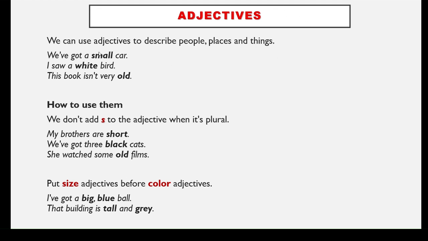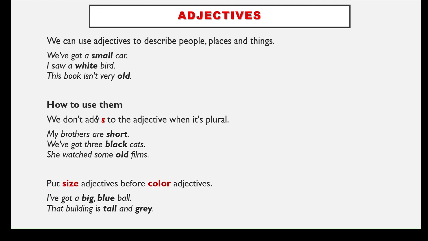So here we describe a car. The car is small. A bird. The bird is white. And the book is old. So we describe things, people, places, just a noun or pronoun. How to use them?